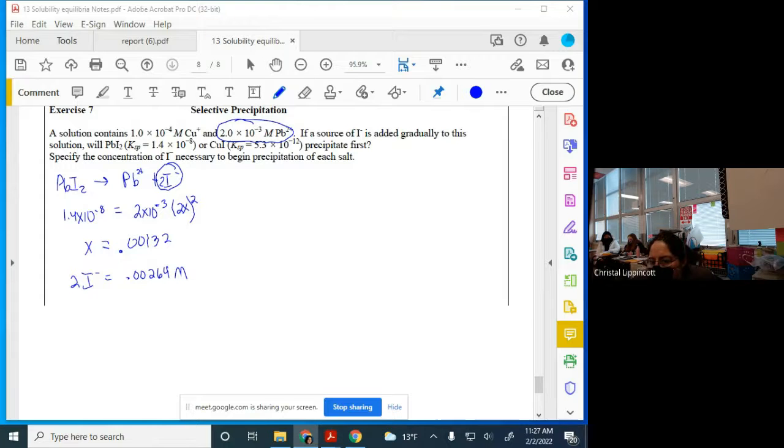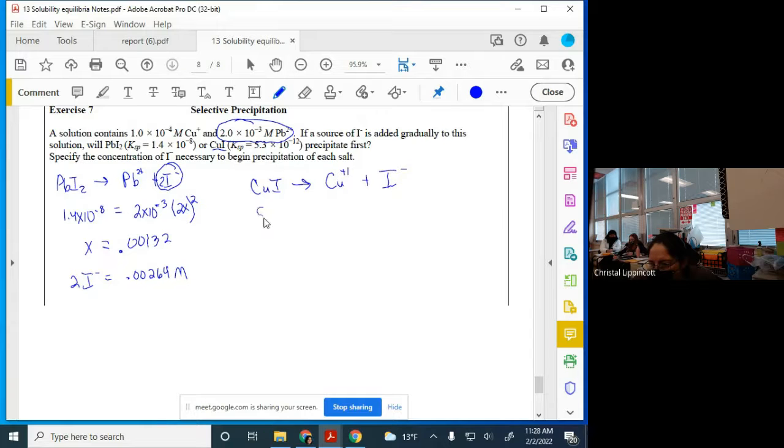Okay. So then we need to turn around and do the same thing now with this guy, but he's going to be a little bit easier because we don't have all the squaring and doubling. So CuI is going to give us a Cu+ plus an I-.